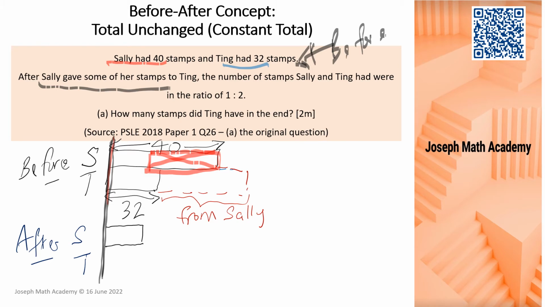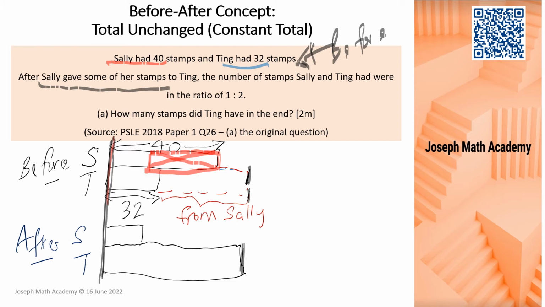The red portion is removed. Then as for Ting's model, at the end it ends here. We follow this part, so it ends here.